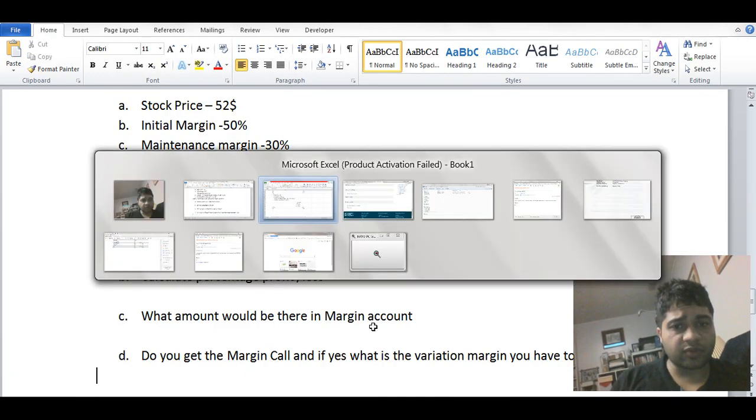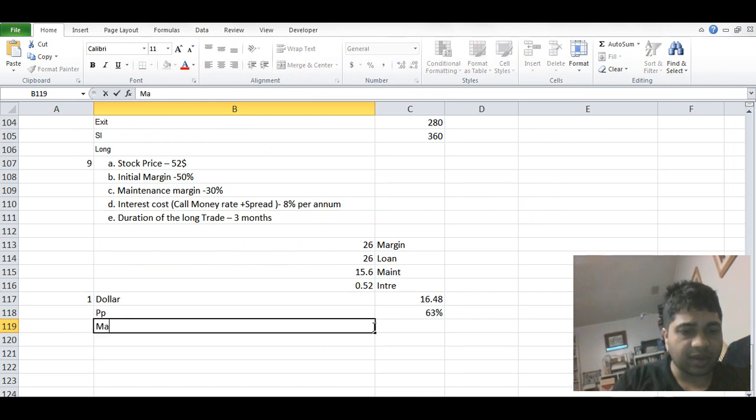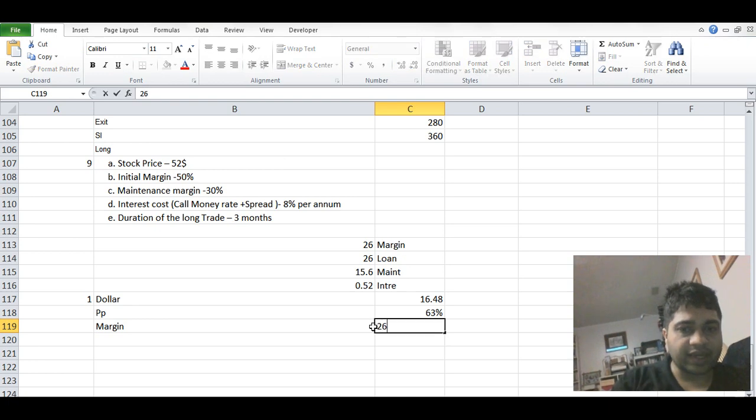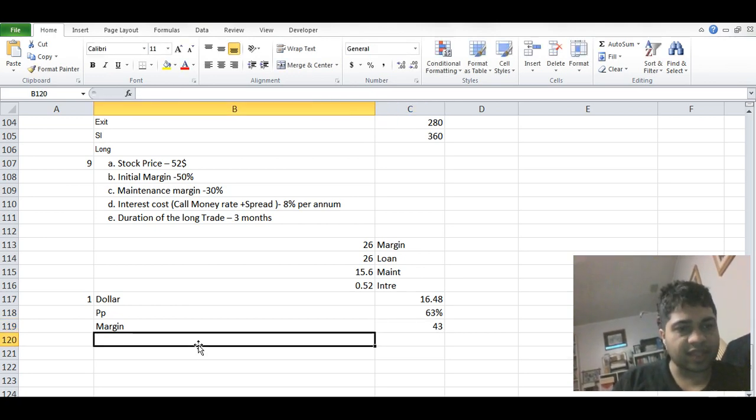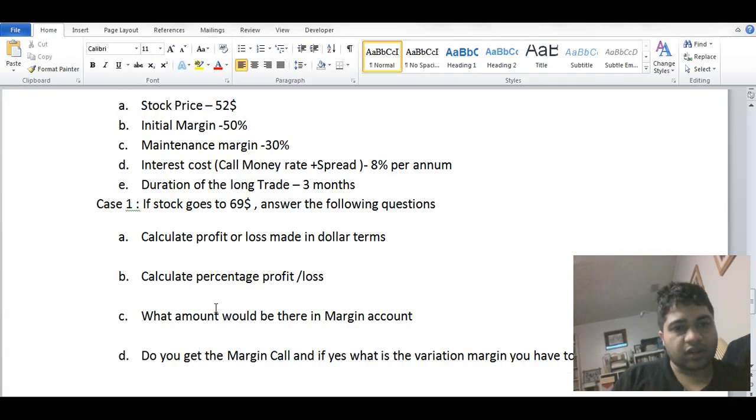What is the amount there would be in margin? So in margin you would have $26 that was deposited by you plus profit on the stock. Do not consider interest, you pay interest separately. So 69 minus 52, so $43 will be there in your margin account.